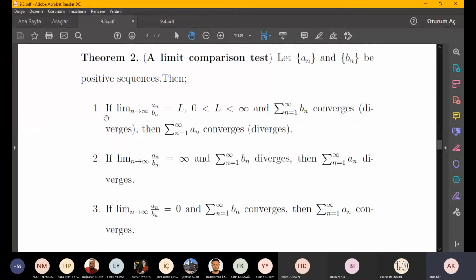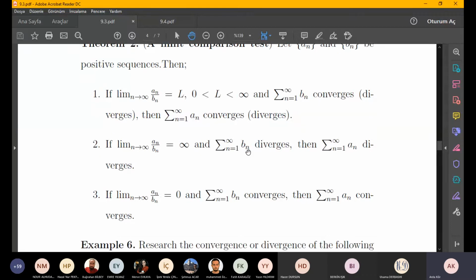The first one is if the limit of a_n over b_n is equal to L, which is a finite number, and the series b_n converges, then that gives the series of a_n also converges. And for divergency, if the series b_n diverges, then that gives the series of a_n also diverges.